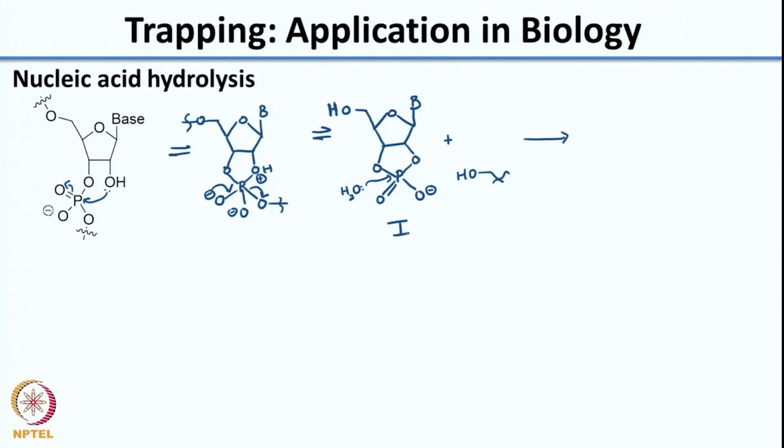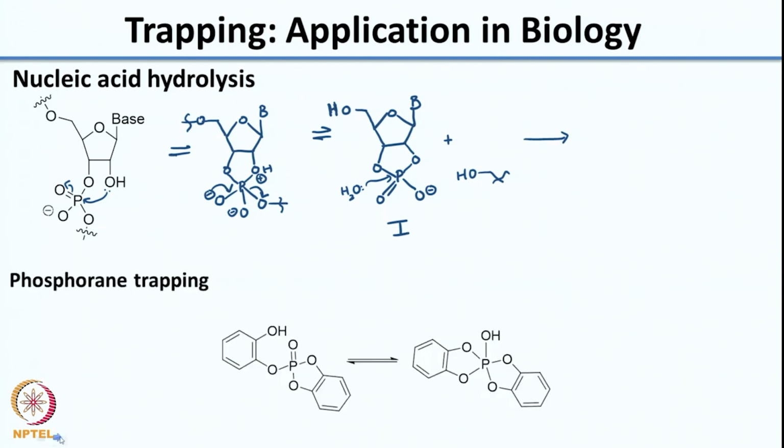In order to prove that, a clever experiment was done where a model system was used to understand nucleic acid hydrolysis. In the RNA you have this OH group at the 2 position which helps in formation of this cyclic intermediate. So to mimic that, the model system that was chosen had an OH group right next to the phosphoester here.